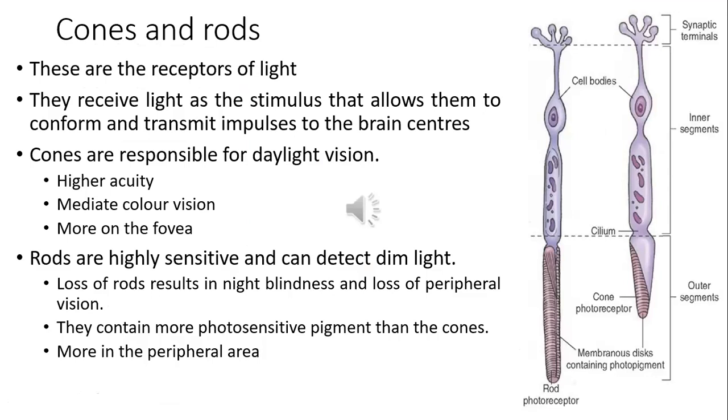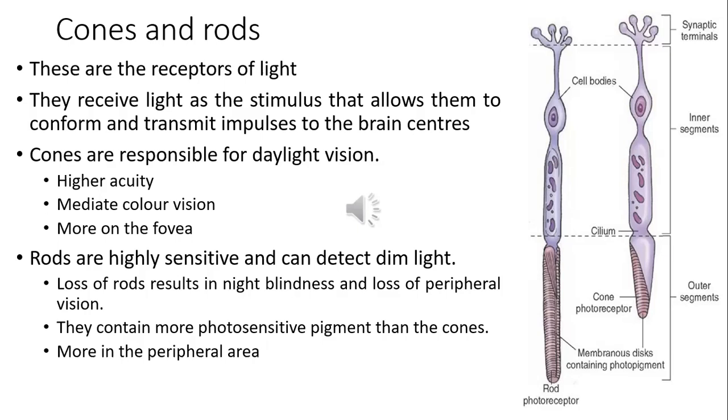Now, cones and rods, these are the receptors of light. They receive light as the stimulus that allows them to transmit impulses to the brain centers, okay? So they are sensitive to light. Like we discussed in the previous video, the rods are responsive to dim light while the cones are responsive to bright light.